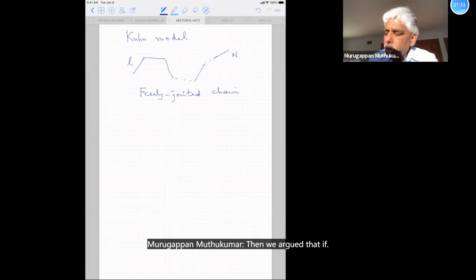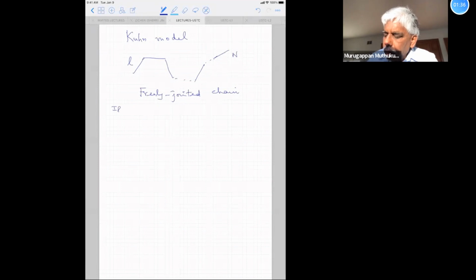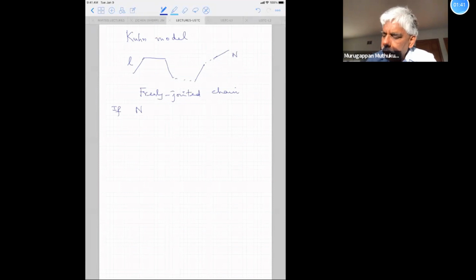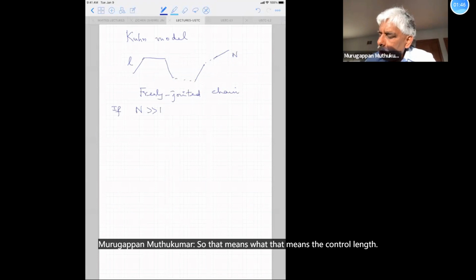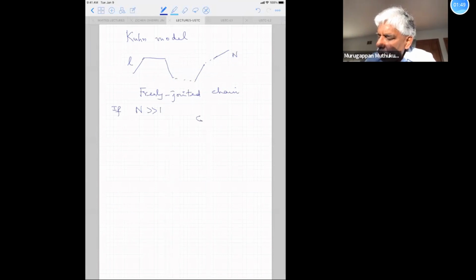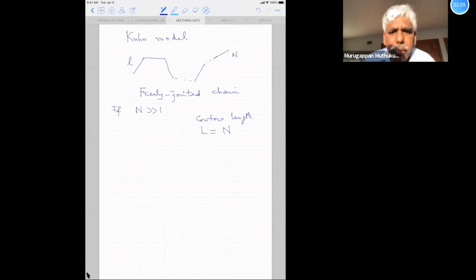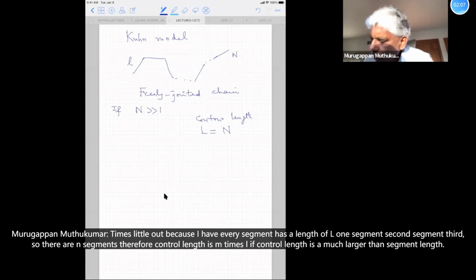Then we argued that if n, the number of segments, is very large, that means the contour length of the chain, let me write L as the contour length, is equal to the number of segments times little l, because every segment has a length l.